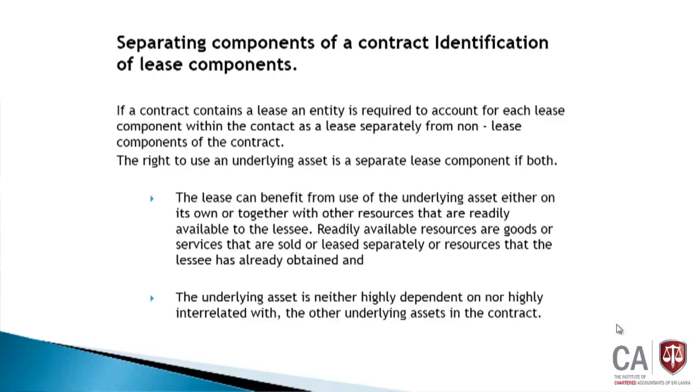The right to use an underlying asset is a separate lease component if both are satisfied: the lessee can benefit from use of the underlying asset either on its own or together with other resources that are readily available to the lessee. Readily available resources are goods or services that are sold or leased separately, or resources that the lessee has already obtained, and the underlying asset is neither highly dependent on nor highly interrelated with the other underlying assets in the contract.